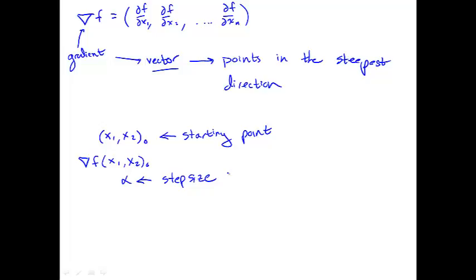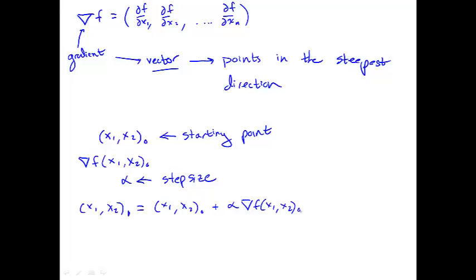If we take one step in the steepest direction, where will that leave us? So what does x1, x2 sub 1 equal? Where we are after our first step? Well, that's just where we started, x1, x2 sub 0, plus the step size, alpha, times the gradient. Not too bad.